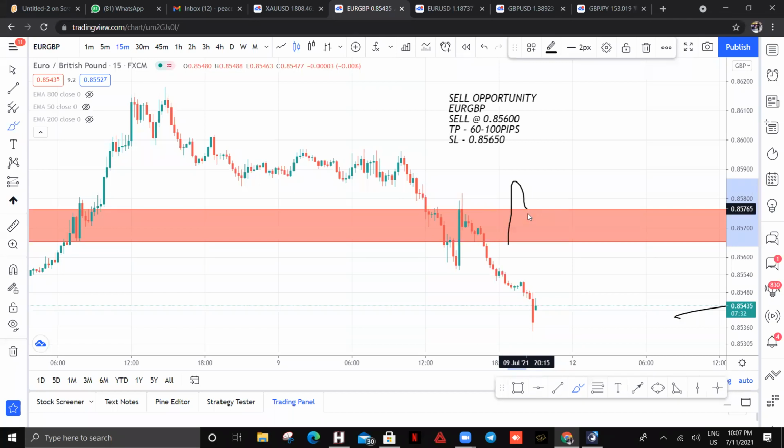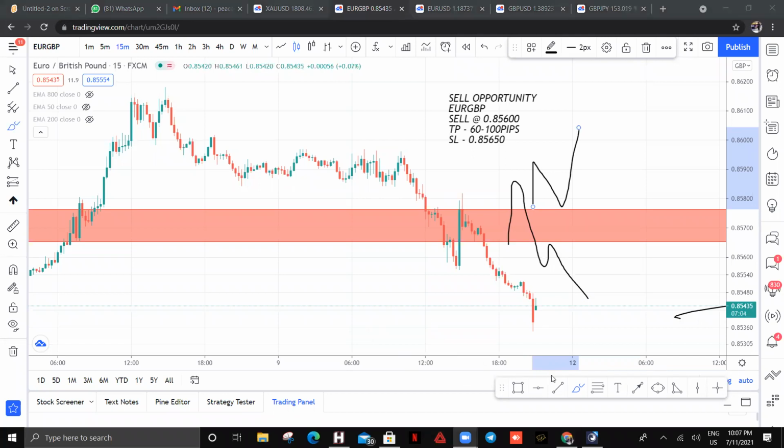You can only look for a sell if you see something like this. But if it breaks out like this, retests like this, and does not continue, you should look for a buy. So that's it. If it breaks out of this zone, do not look for selling. Sell only when you see something of this nature. Do you understand that, Michael? All right, good.